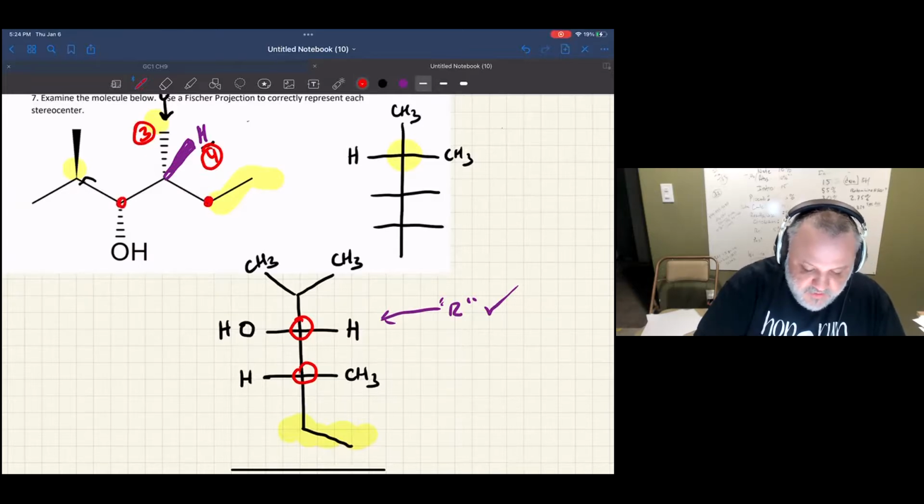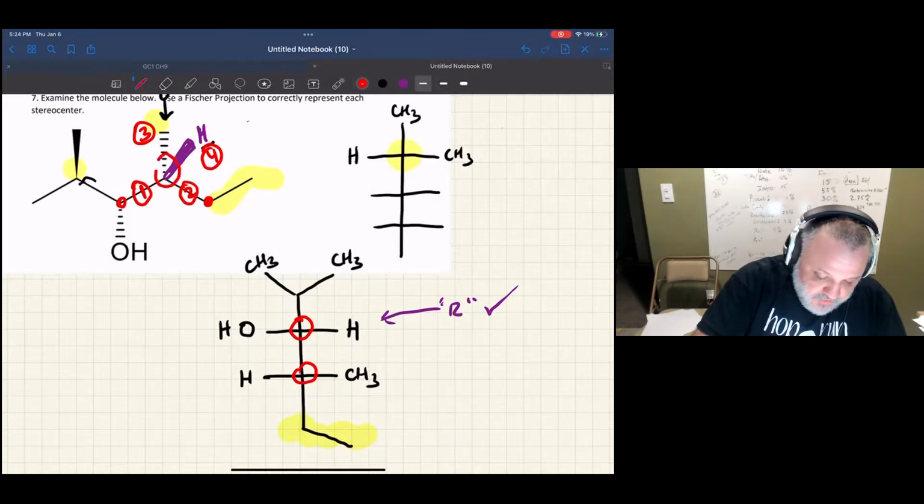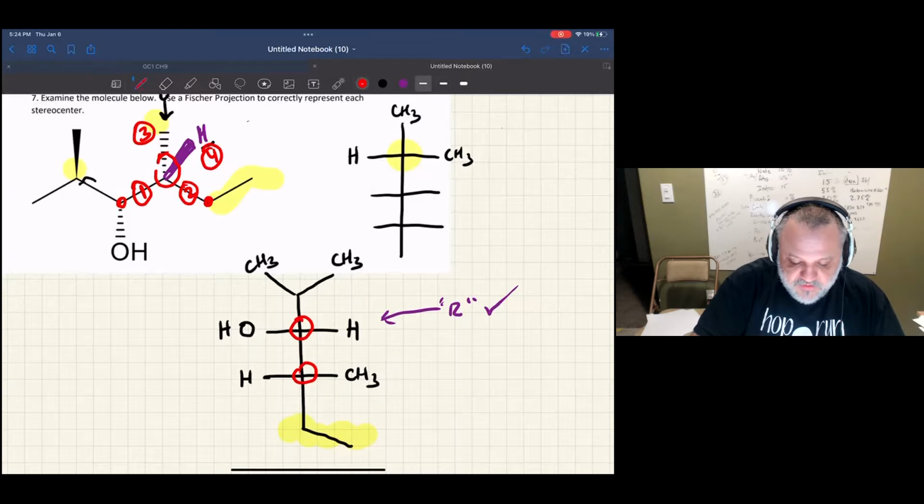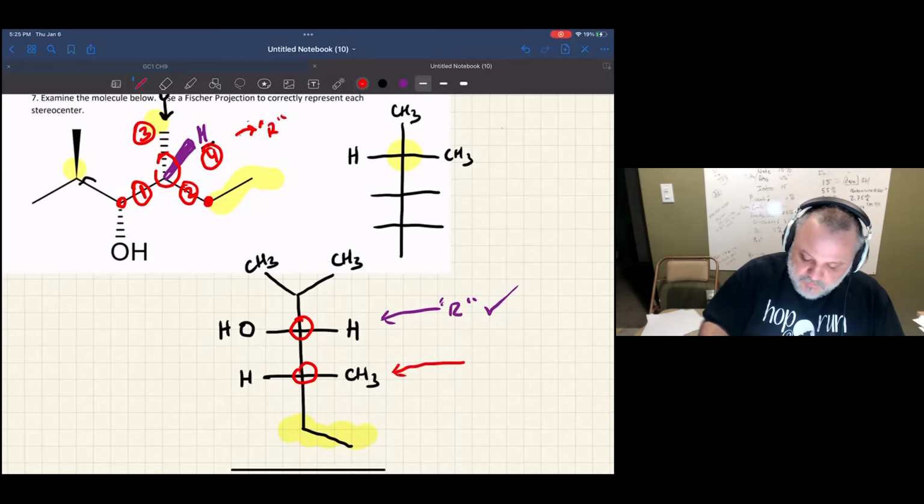This guy and this guy are tied, but this guy is going to win because it's connected to an oxygen. This guy is not going to win because it's connected to only another carbon. So it's 1, 2, 3. This is also a counterclockwise rotation, but that priority 4 coming towards me means I need to switch it to R. So this one should be R.